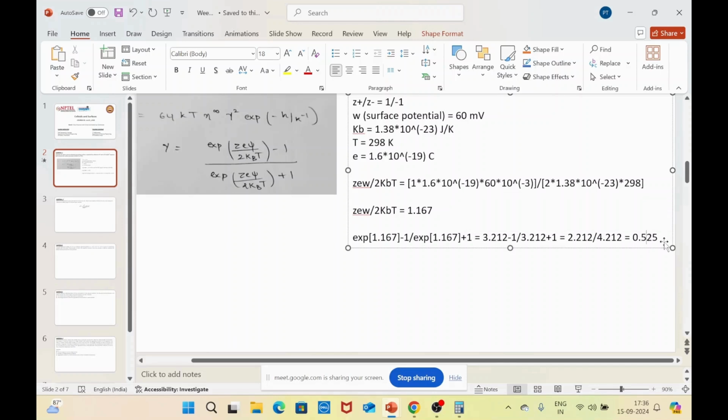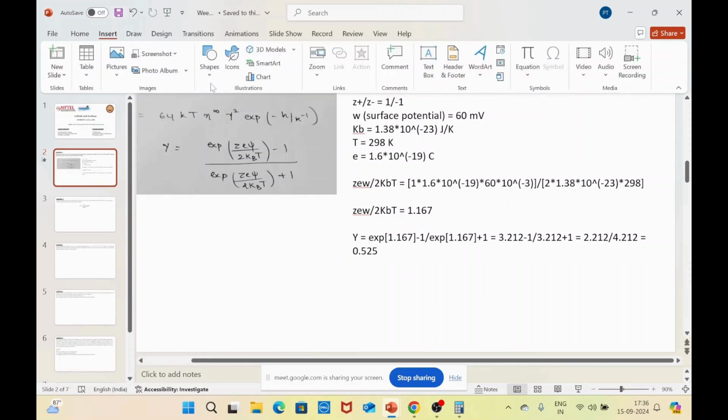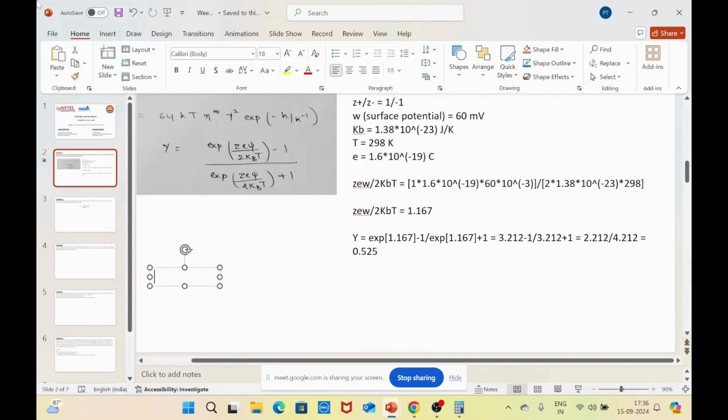So the answer is 0.525. Gamma is 0.525, so gamma square will be the square of 0.525.